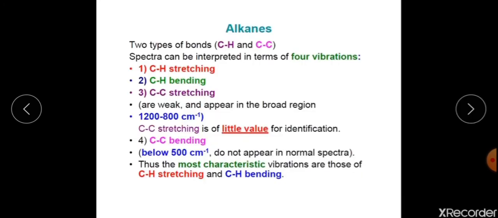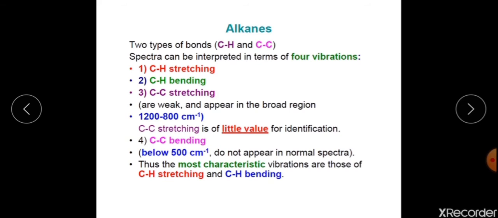Now we are talking about different functional groups, starting from the first one, the alkanes. An alkane contains carbon-carbon single bonds and also carbon-hydrogen single bonds. What kind of vibrations can an alkane molecule show?